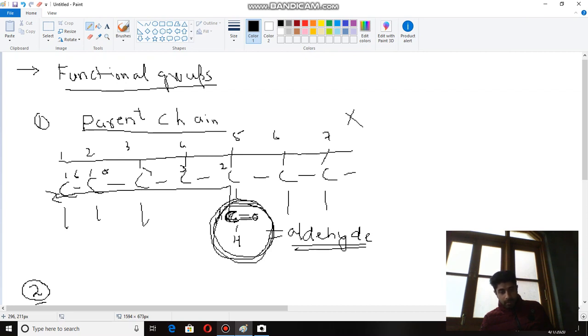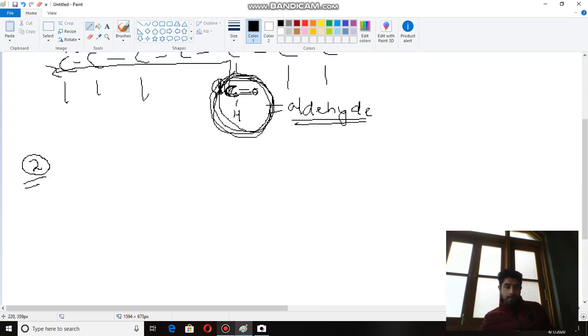So this carbon with which the principal functional group is present here should get the minimum possible number in the parent chain, and it's at the terminal, so it is numbered as 1. So moving further, it's actually the 3.